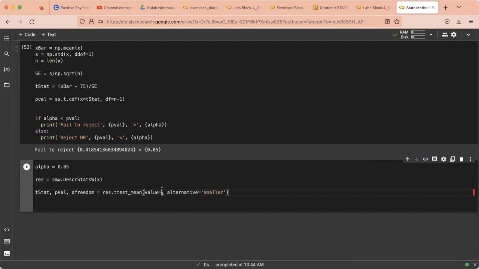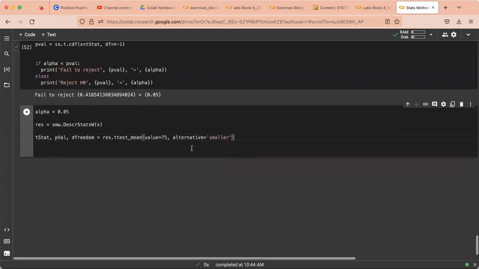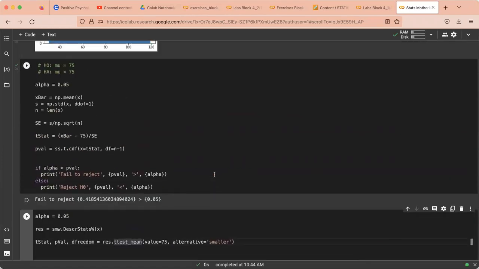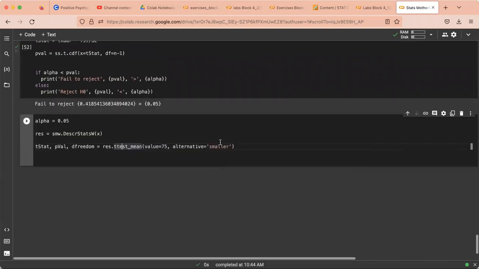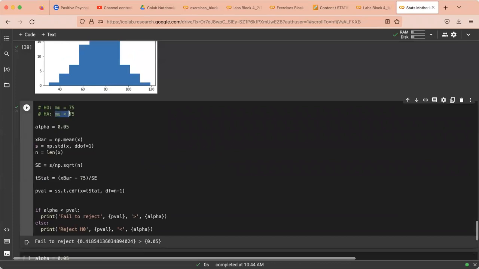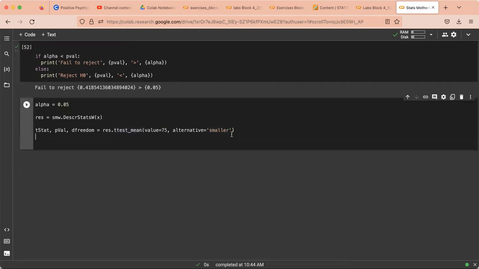In value, you're going to put 75, because that's the mu value you chose. You do res.ttest, because since we're using means, we're doing a t-test, and your alternative is smaller. We're telling it that we're trying to see if our mu is smaller than 75. If we said different, I'm pretty sure you'd use two-sided, and the same goes for larger, where you would use larger.